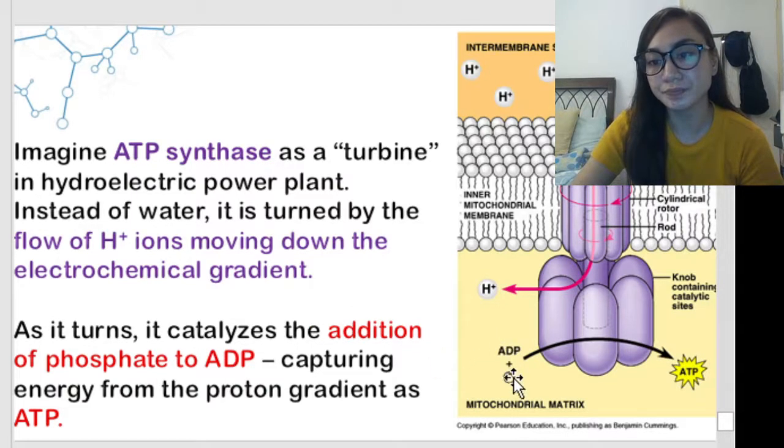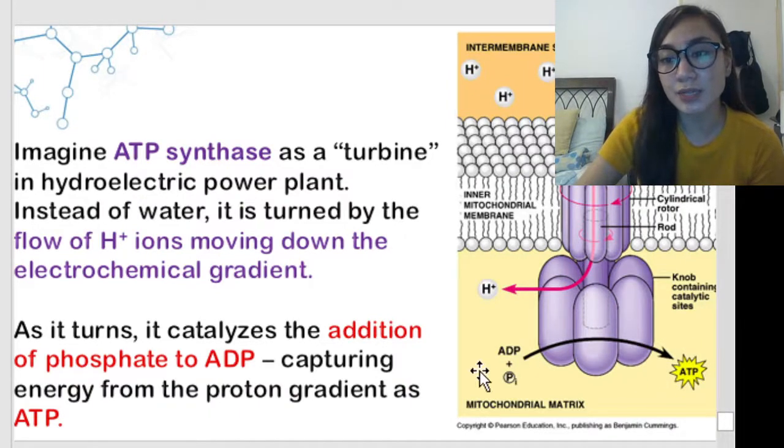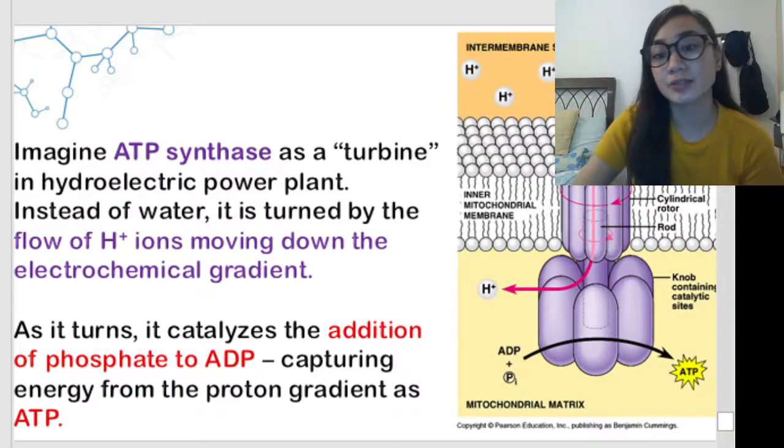So, ito yon. So, ADP means adenosine diphosphate. So, ibig sabihin, dalawa yung phosphate niya. Pag dinagdagan mo ng isa, it will become ATP, which is adenosine triphosphate. So, tatlo na yung kanyang phosphate. So, ATP is the form of energy na magagamit ng cell for different functions.